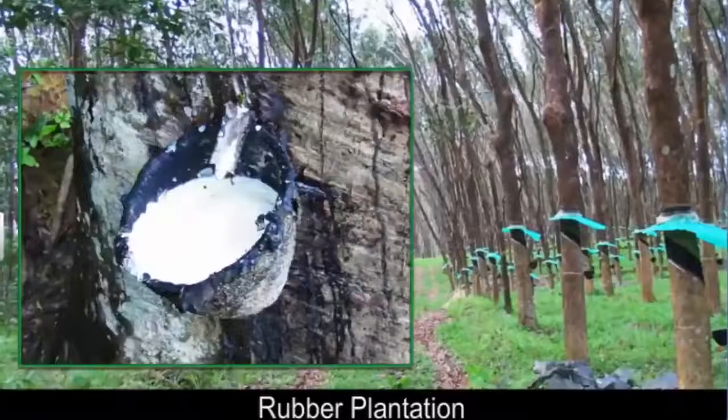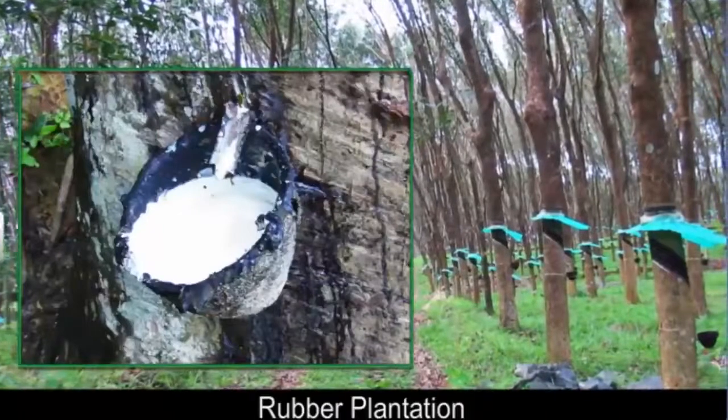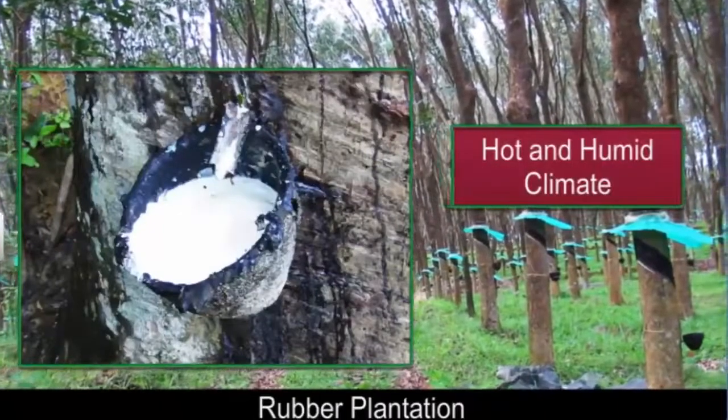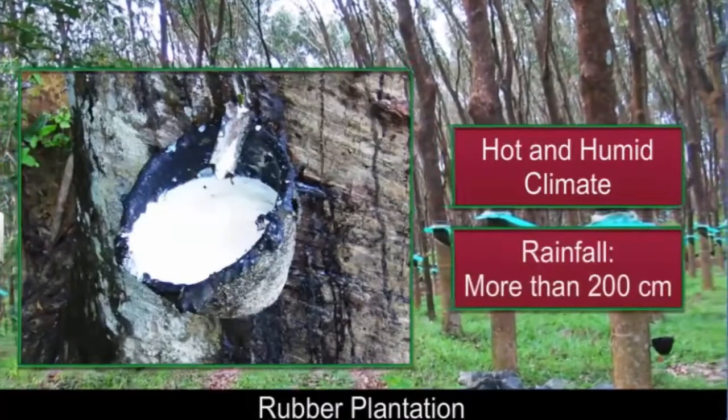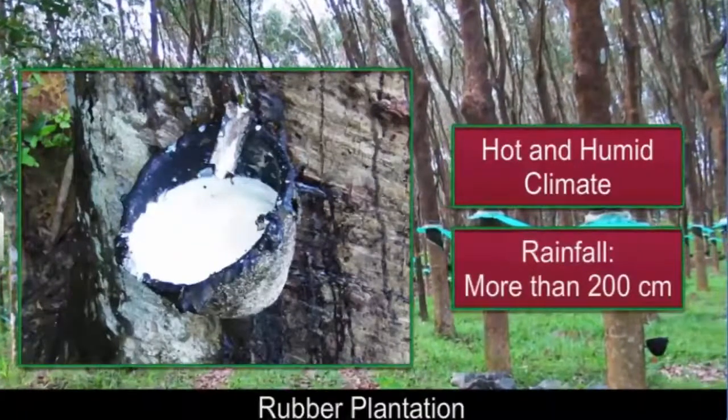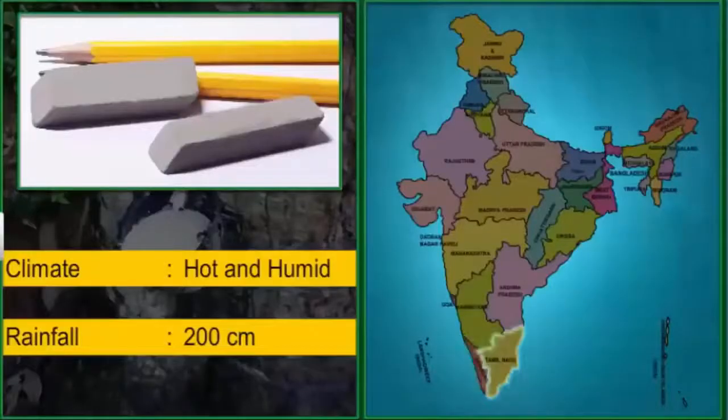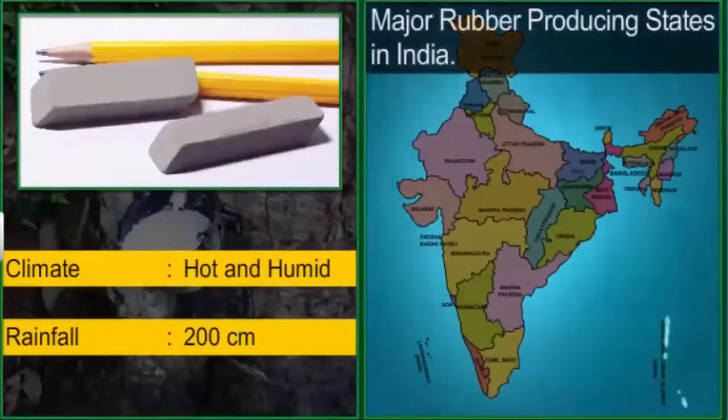Rubber trees grow well in regions with hot and humid climate and over 200 centimeters of rainfall every year. Kerala, Tamil Nadu, Karnataka, Meghalaya and the Andaman and Nicobar Islands are the major rubber producing regions in India.